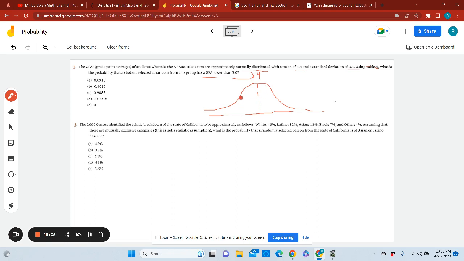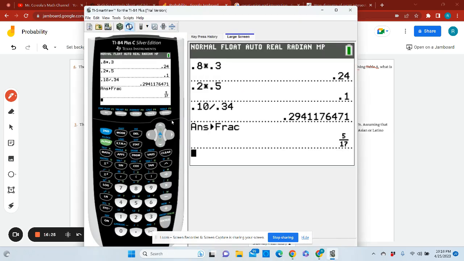Okay, they want to know what's the probability of randomly selecting somebody who has a GPA of 3.0 or less. So 3.0 would be to the left of 3.4. And they want the area to the left of that. They give us a standard deviation of 0.3.